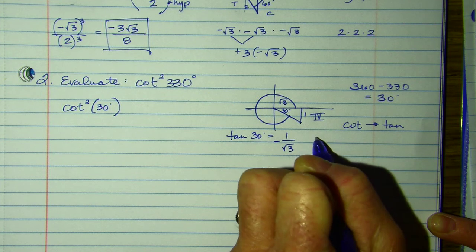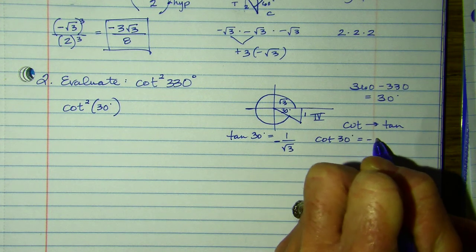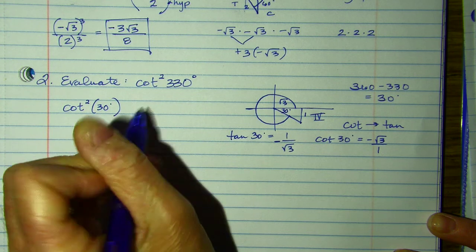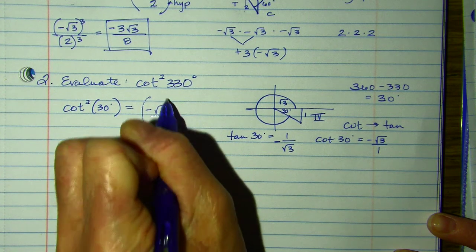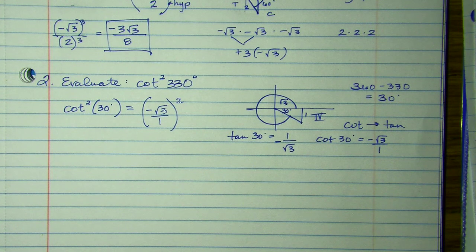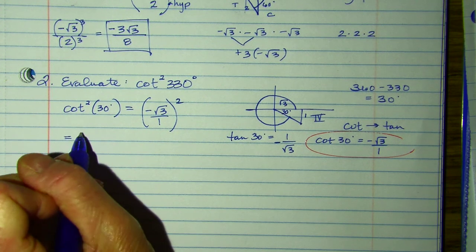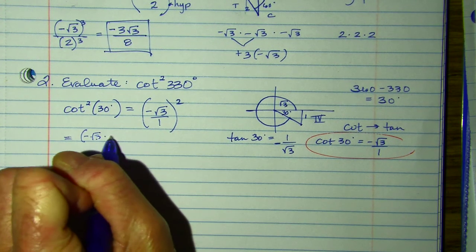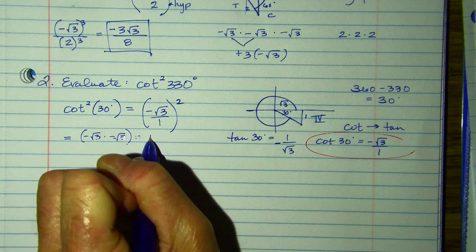So the cotangent of 30 degrees is the reciprocal, negative root 3 over 1. Now I raise the power. First find your side ratio, then raise the power. So negative root 3 times negative root 3, and I don't need the over 1, gives me a positive 3.